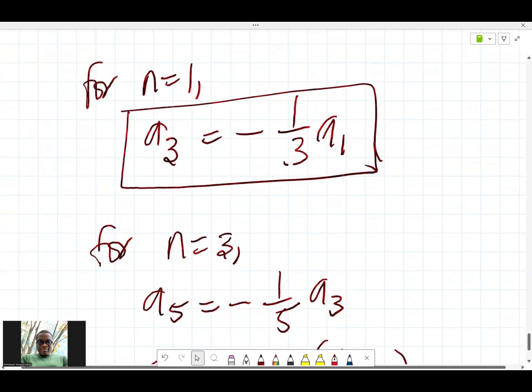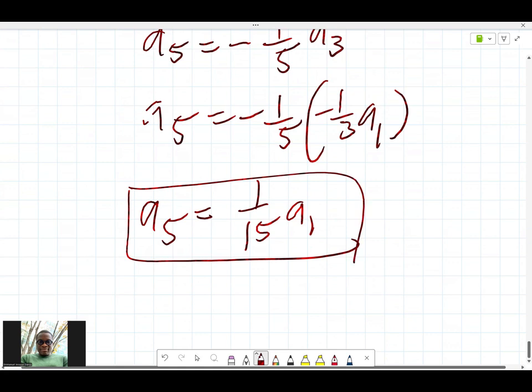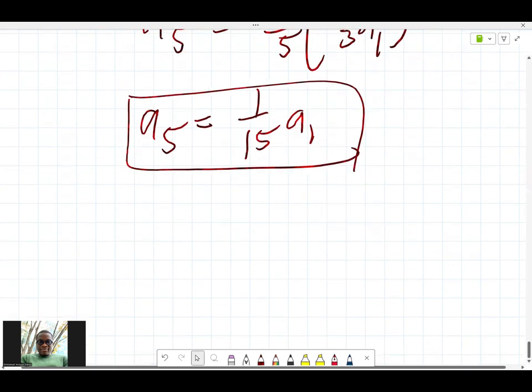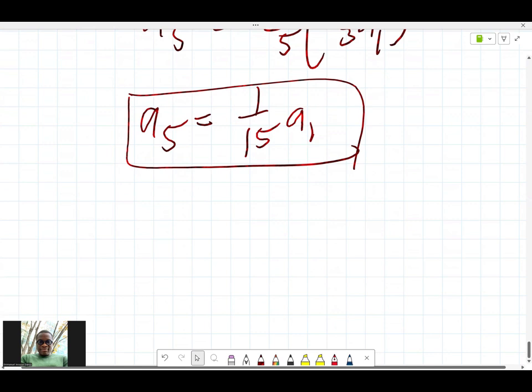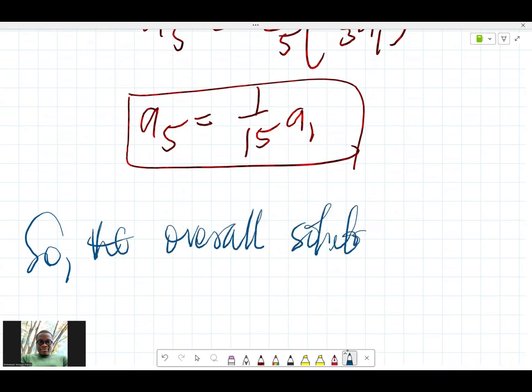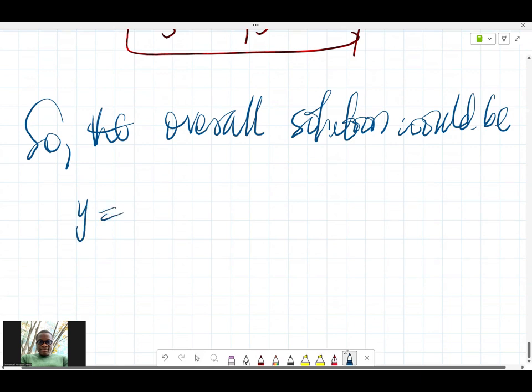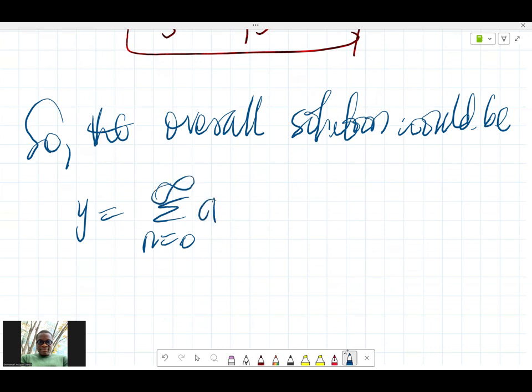Okay, so now we have a3 and a1 together, and then we have a5 this way. So at the end of the day, the overall solution, you remember where we started from, is such that y is summation from n equals 0 to infinity of an x raised to power n. That's where we started from.